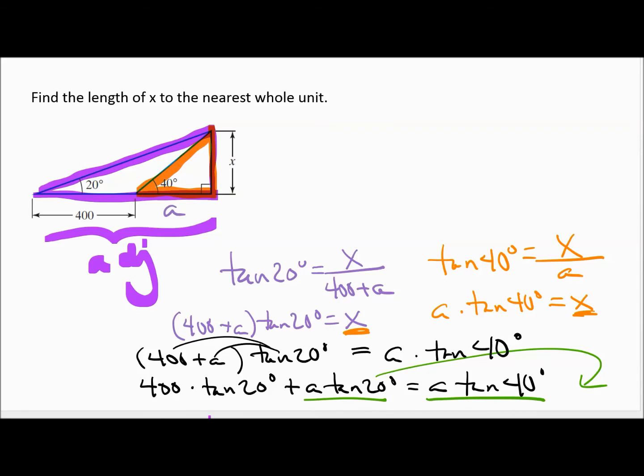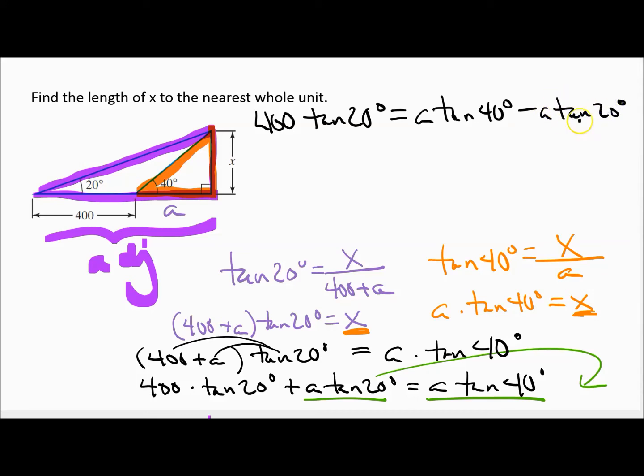So I'm starting back with the black. I'm keeping this first term on the left, 400 times the tangent of 20 degrees, equals, on the right, I already have a tangent of 40. Now I'm subtracting a tangent of 20.